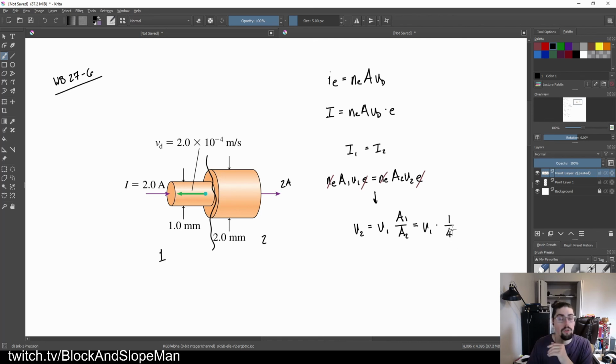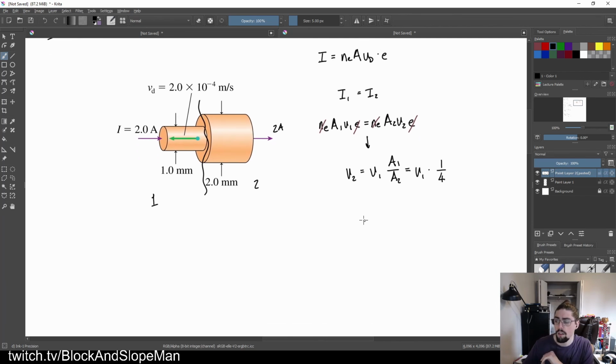Or you could go through and find those quantities, but again, slick and lazy. This is what we get. Knowing that, take v2, divide it by 4. What should we find? 5 times 10 to the negative 5th meters per second.